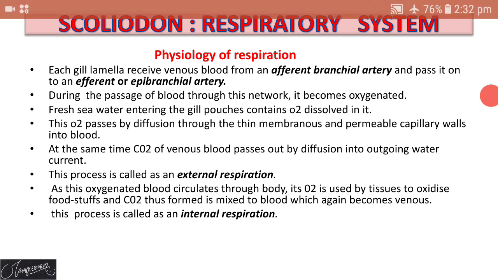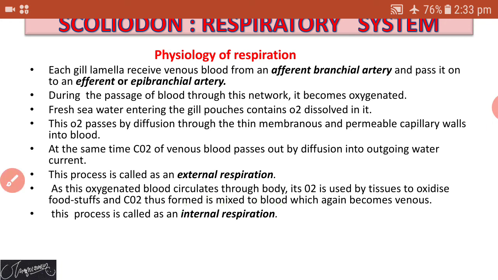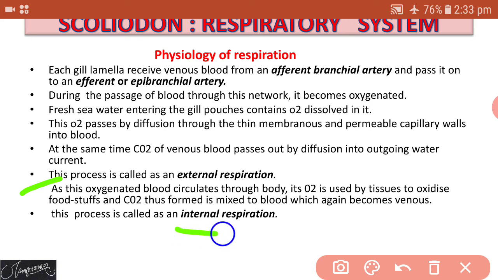At the time of internal respiration, as the oxygenated blood circulates through the body, its O2 is used by tissues to oxidize foodstuffs, and the carbon dioxide thus formed is mixed into the blood, which again becomes venous. That exchange of O2 and CO2 at the tissue level is called internal respiration.